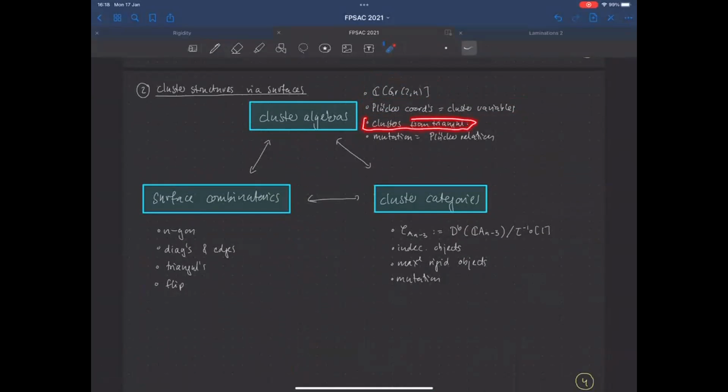The overlapping sets come from triangulations, and mutation is the Ptolemy relation. But there is a nice geometric approach by just taking an n-gon, taking diagonals in it and edges, taking triangulations as these nice collections. And the flip replaces one variable by another.